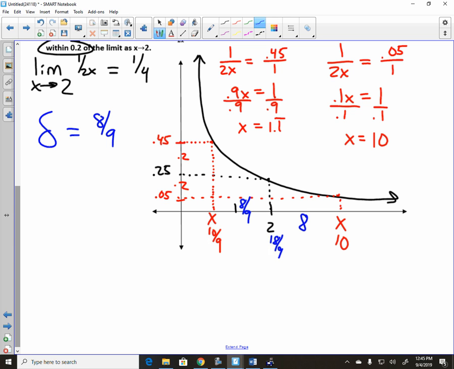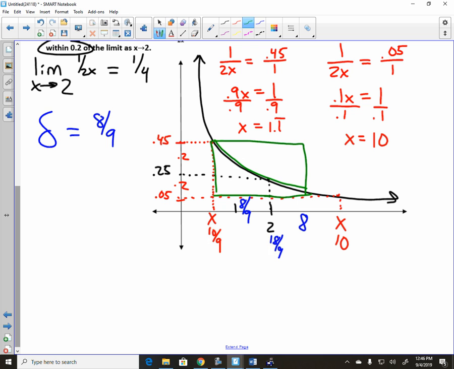What this means is very simple. If you simply go 8 ninths to either side of 2, your outputs will always be within 0.2 and 0.25. This curve will never bounce outside of that y value. You don't have to zoom in anymore. It will always stay within that region.